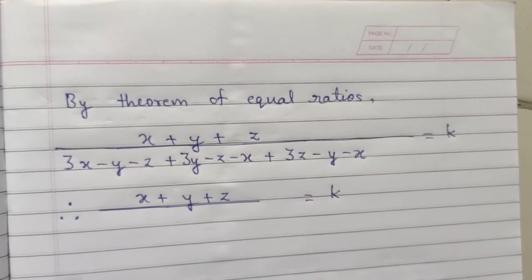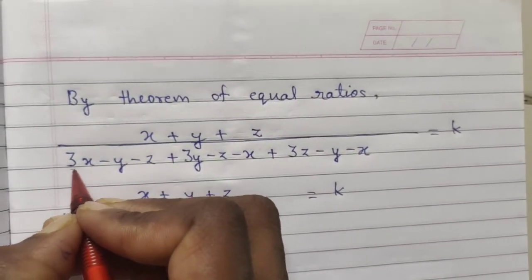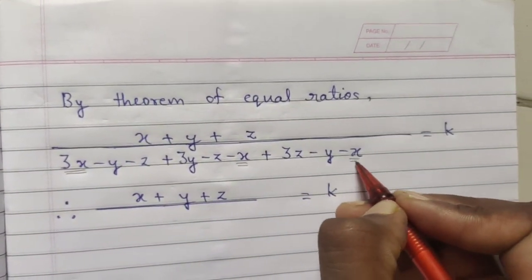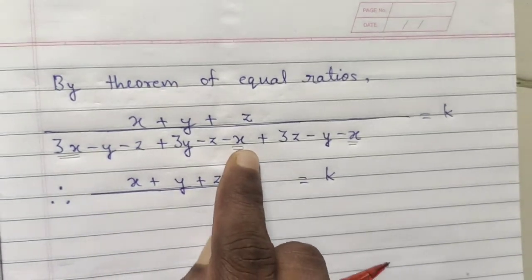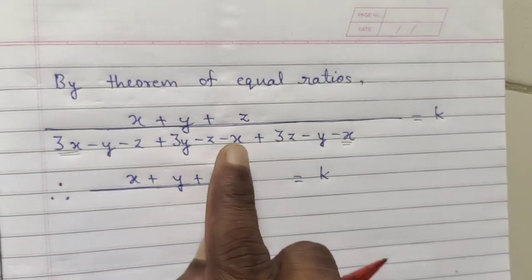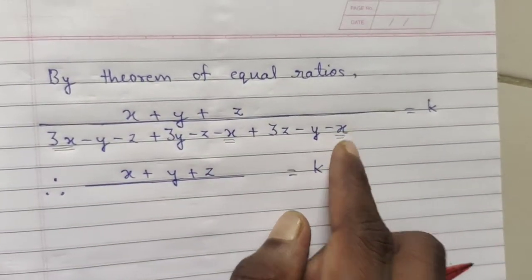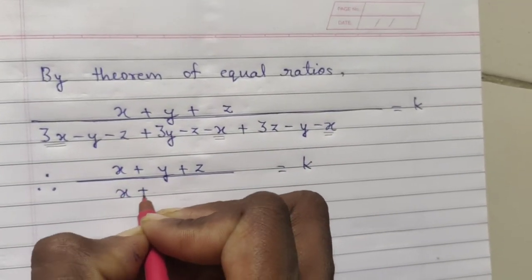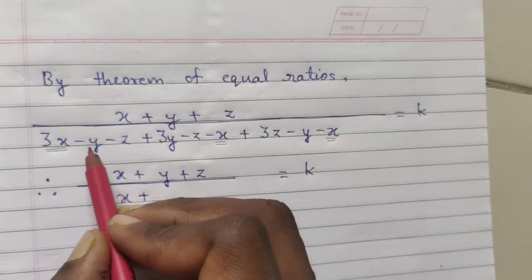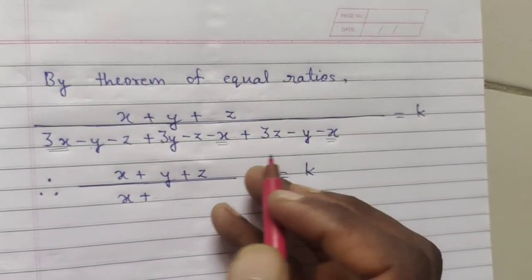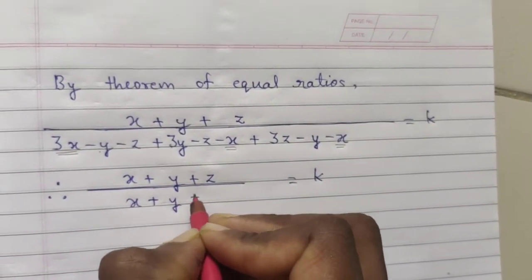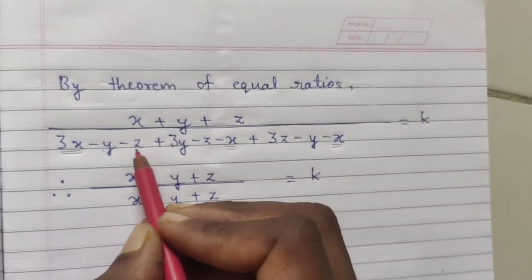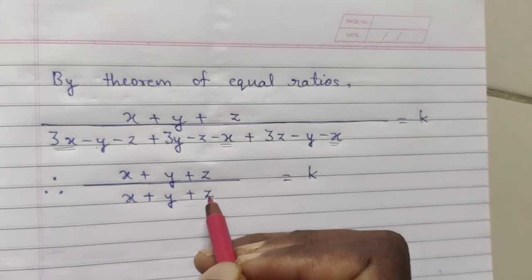First we see the x. What is here? 3x, then minus x, and again minus x. So 3x minus x becomes 2x, and 2x minus x becomes x only. Similarly for y, 3y minus y becomes 2y, and again minus y becomes y. Similarly for z also, 3z minus z minus z, so you are going to get z here.